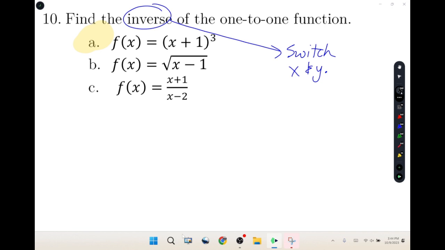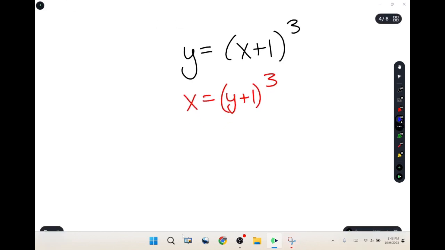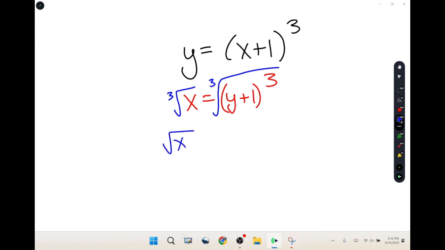So, let's write it. y equals x cubed... let's switch them. x equals y plus 1 cubed. And solve. So then you have to cube root both sides to get the cube root of x equals y plus 1.